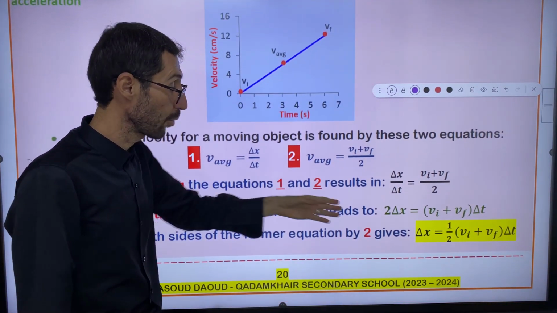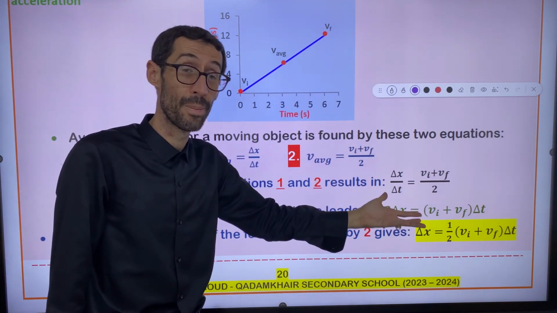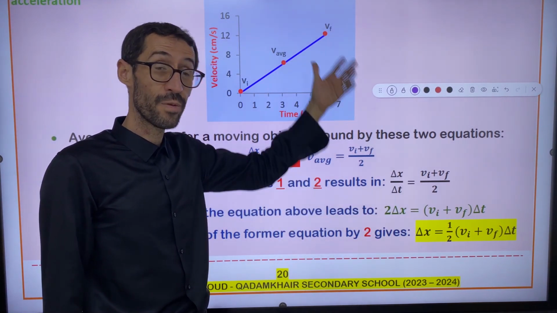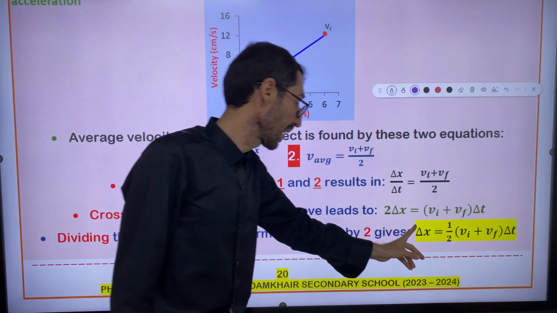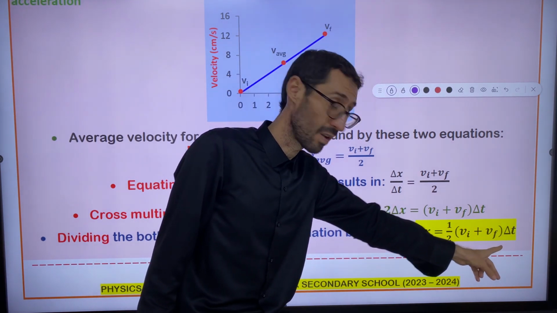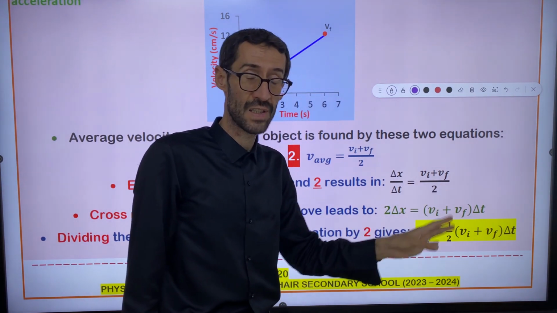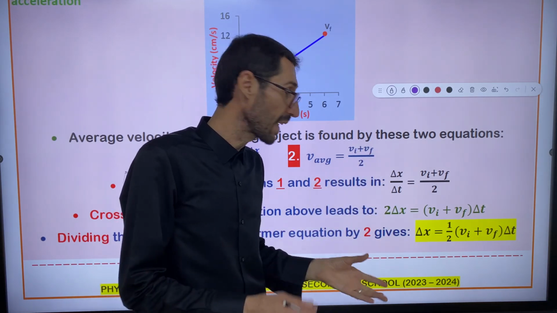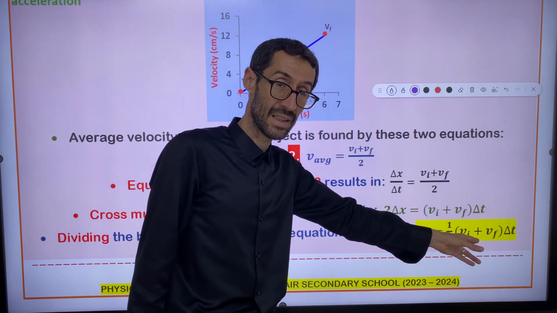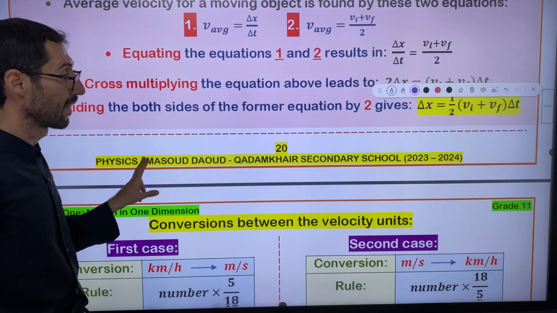And right now we have the mathematical form for this text. Delta x is equal to 1 half Vi plus Vf inside the bracket multiplied by delta t. This is the first rule, right?